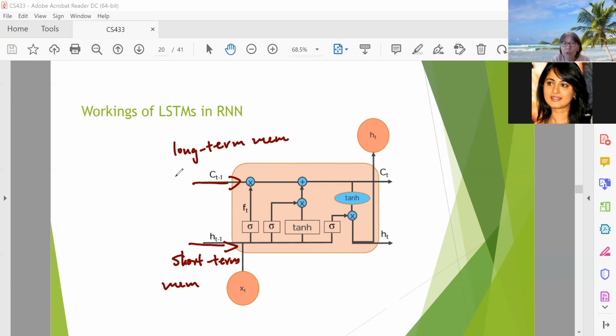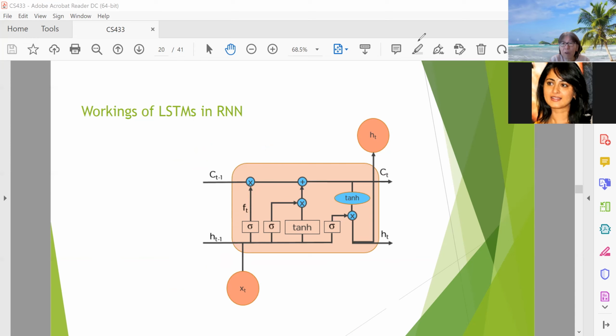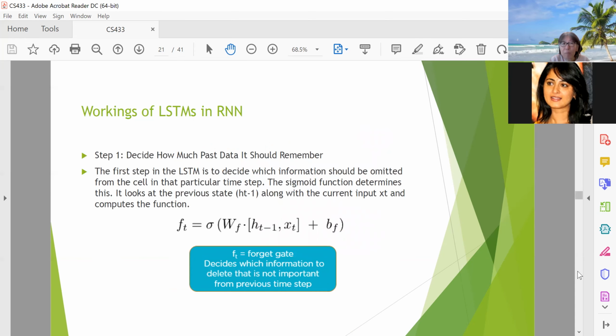This is a cell state. This is a hidden state. And this sigma represents sigmoid, some activation function. It's going to keep flowing like this. Quite comprehensive, so let's take a look one by one to understand it better.